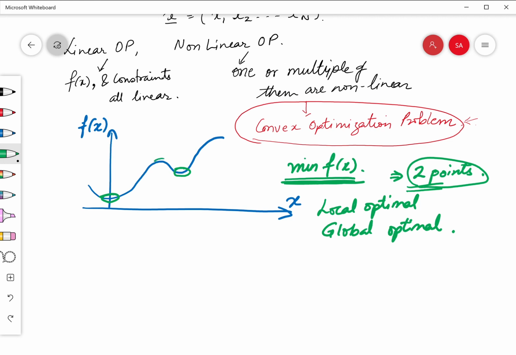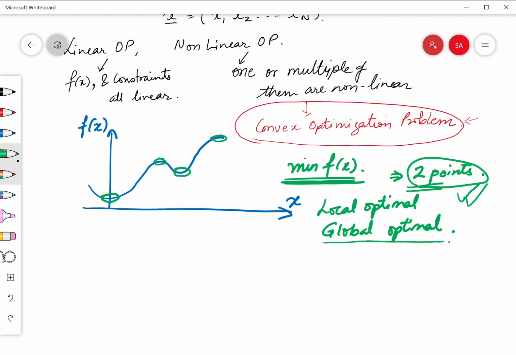For example, if you put the gradient equal to 0, you're also going to get this point and this point also. So for any general function, you're going to get multiple points and it will be very difficult to say which one is a global optimal point.